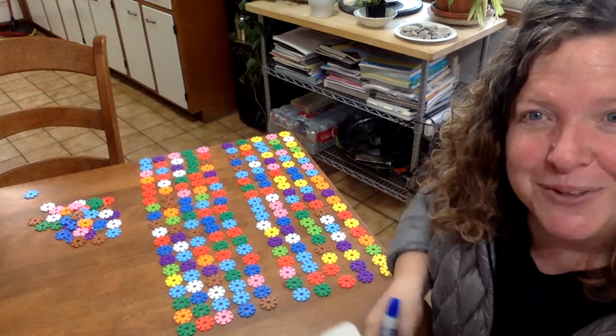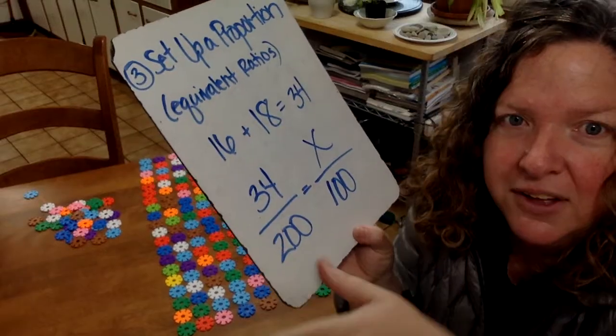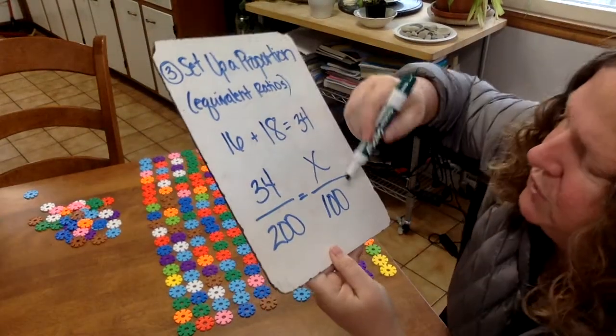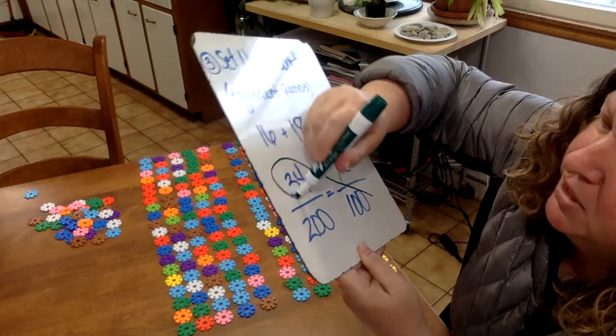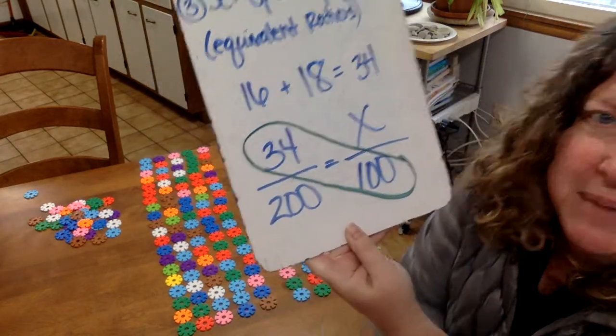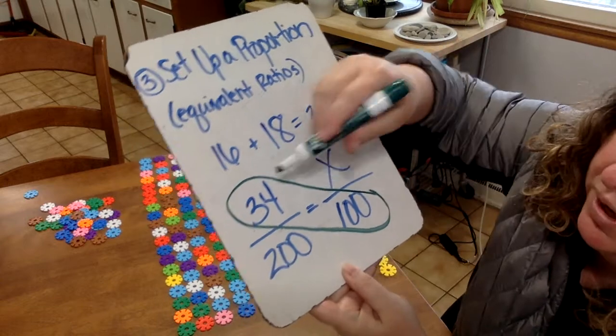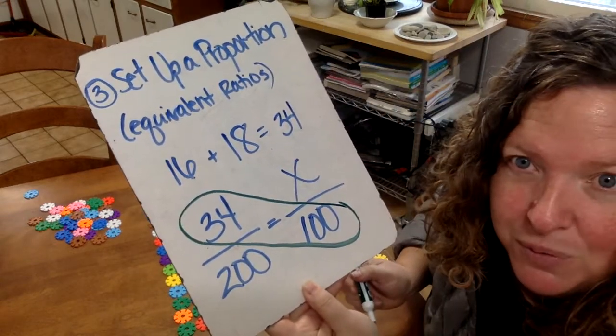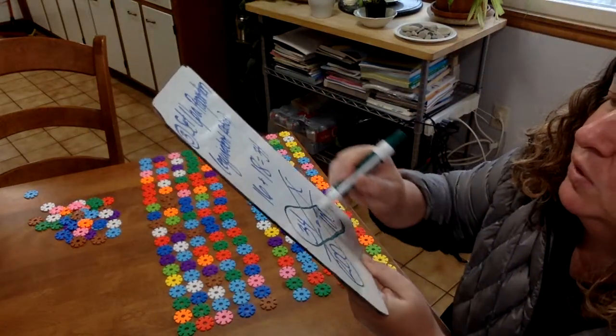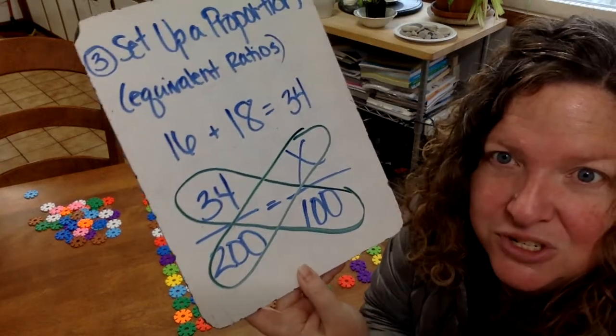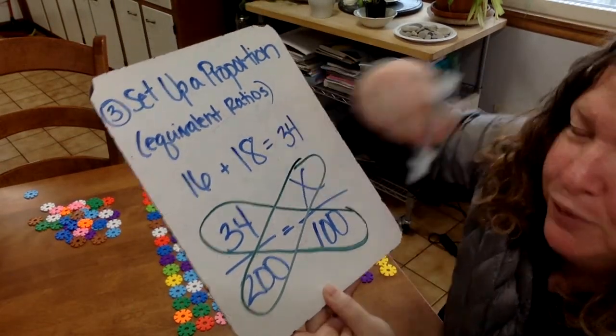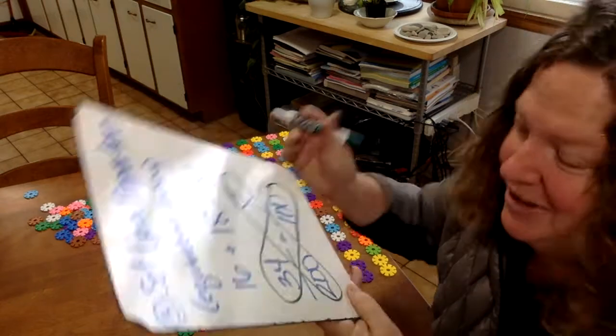Let me get a different color marker. All right, so we are going to circle, we call it cross multiplication because it makes an X shape. We're going to multiply 34 and 100, and we're going to multiply 200 and X. Now 34 and 100 is pretty easy, 3400.